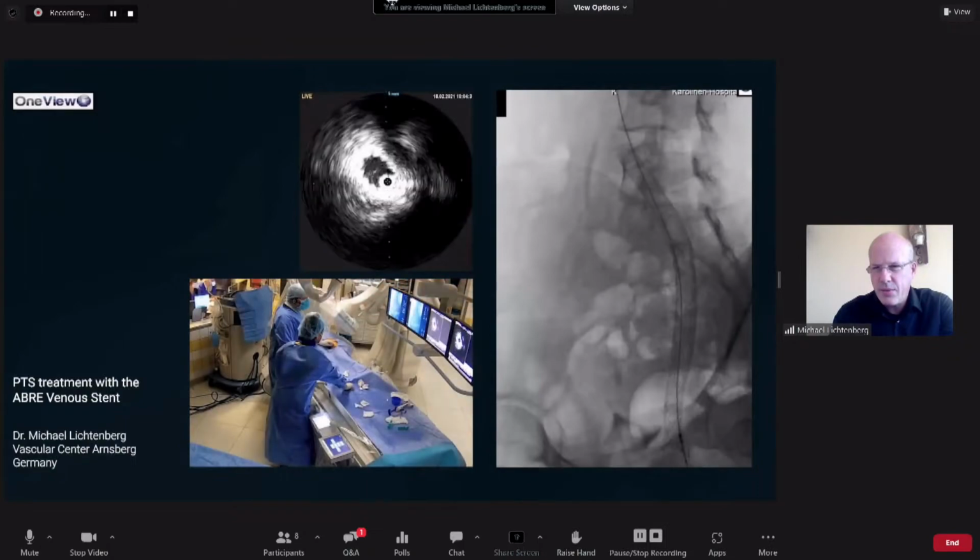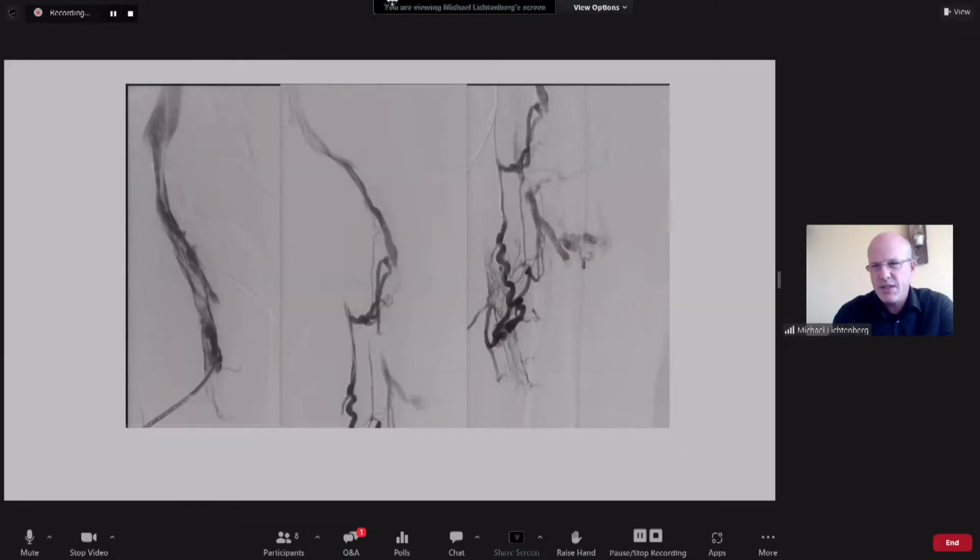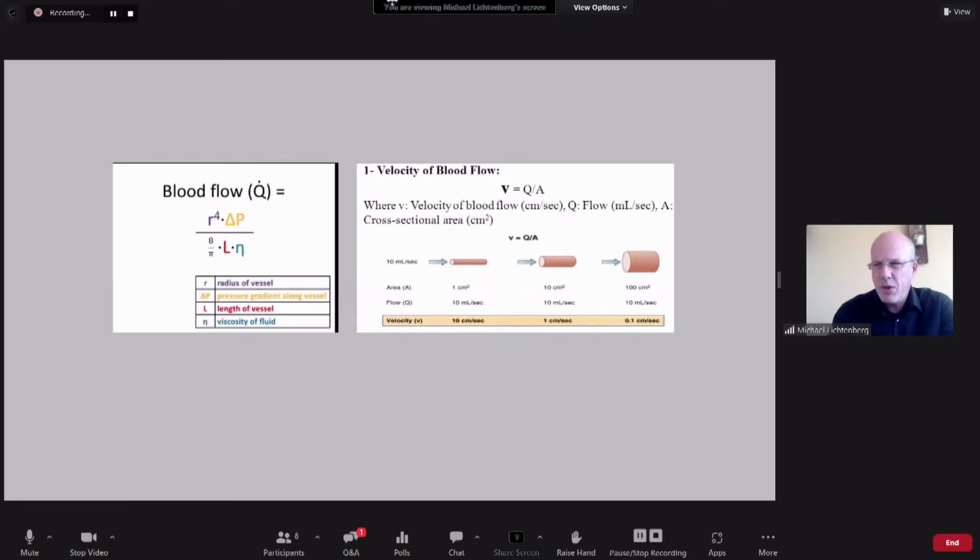So there are a lot of technical situations, and if you see something like that, don't stent, because inflow is not sufficient. Stenting needs to be decided on many aspects, and inflow is one of the most important. Blood flow is something where we really have to go back to the physical basics.